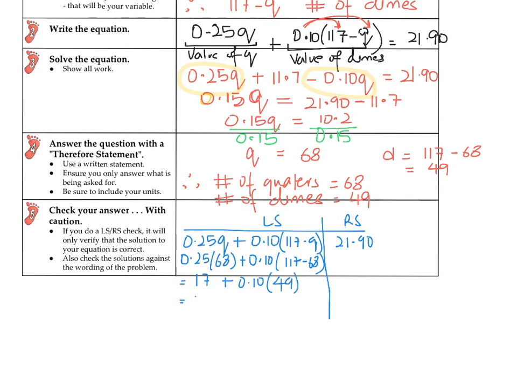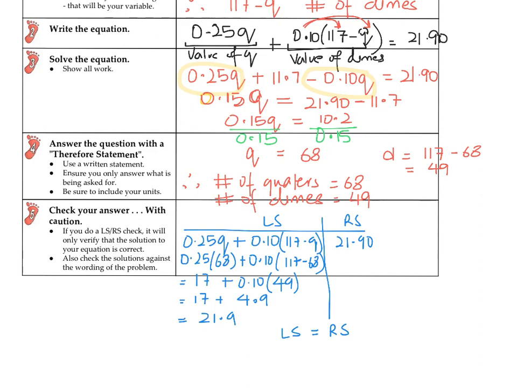So this would be 17 plus 49 times 0.10, which is 4.9. Now 17 plus 4.9 would be 21.9. On the right side we had 21.90 as well. So we have left side equals right side.